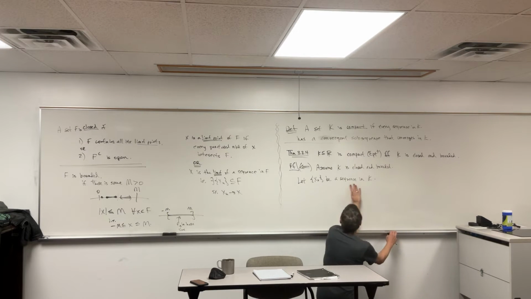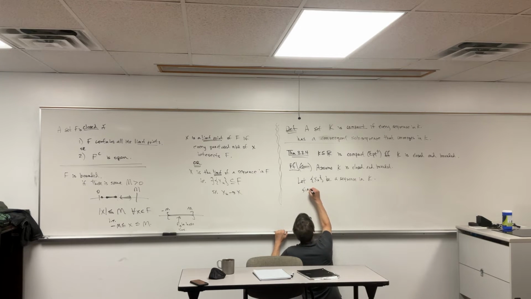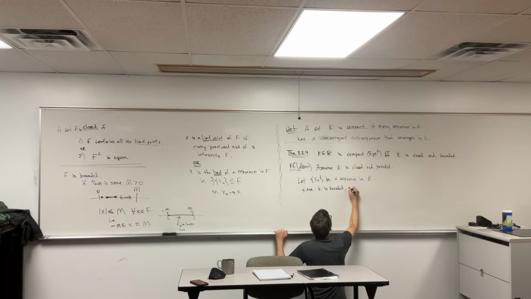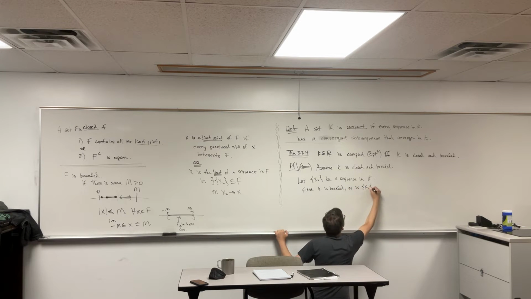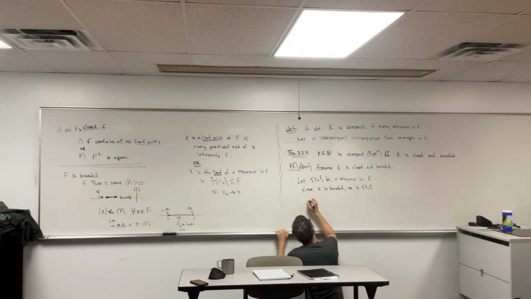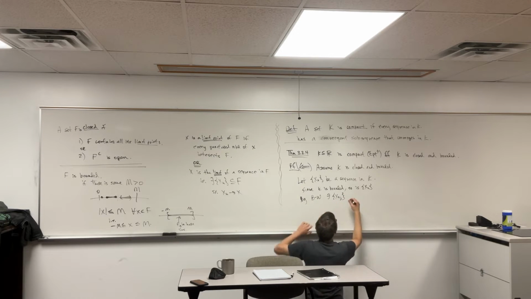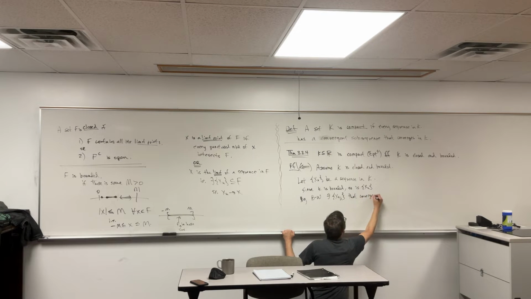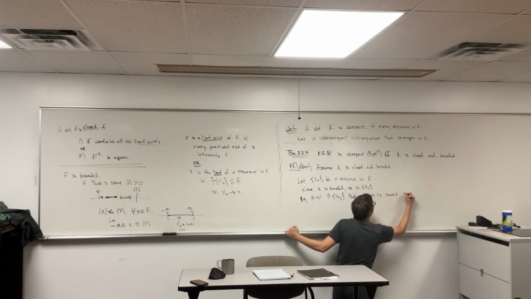Yeah, so we have a sequence in K. Since K is bounded, so is the sequence, because it lives in K. By Bolzano-Weierstrass, there exists X sub n sub j, I'll use j because we already got K as the set name, a subsequence of that sequence that converges to some x.